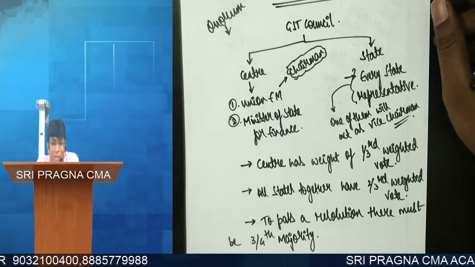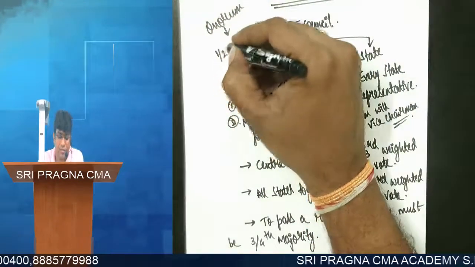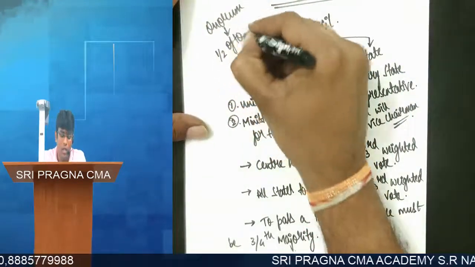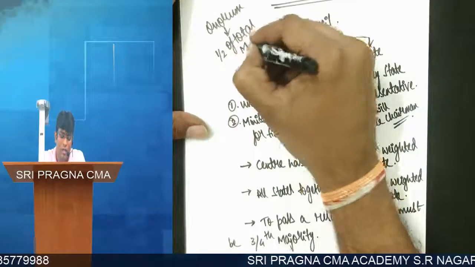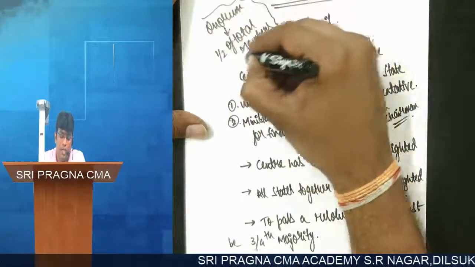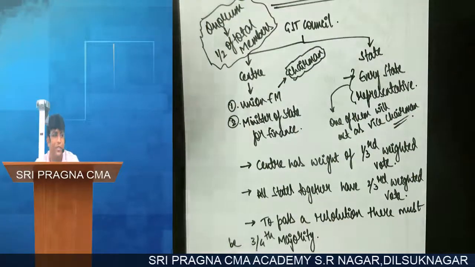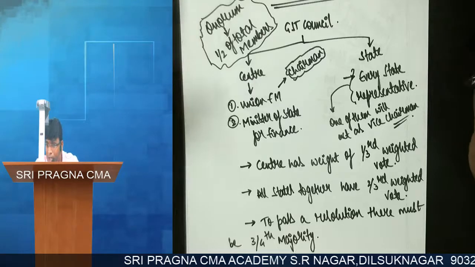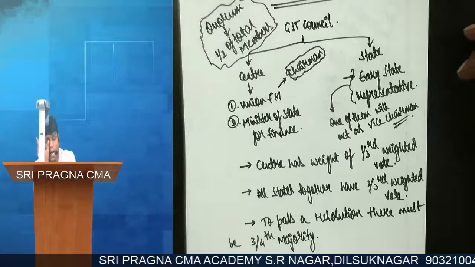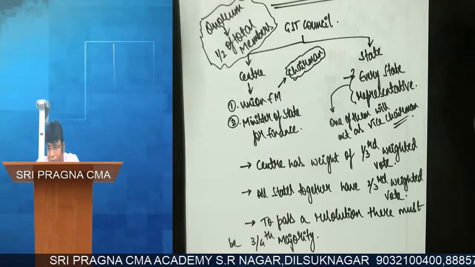So quorum is the minimum number of members to make the meeting valid. They told quorum is half of total members. So out of the total number of members from center and state, if at least half of them come for the meeting, then the meeting is valid.